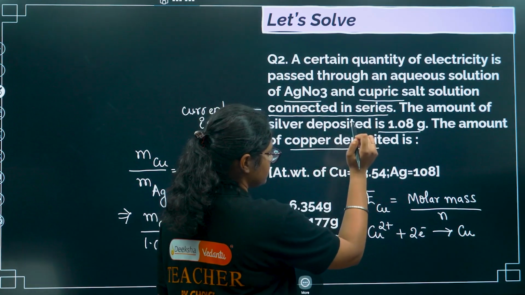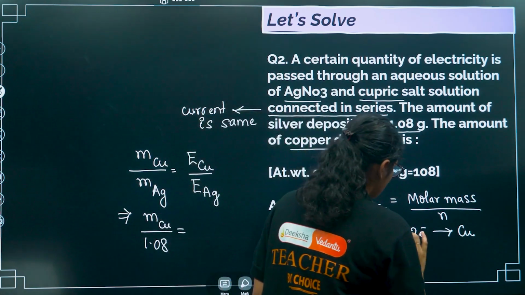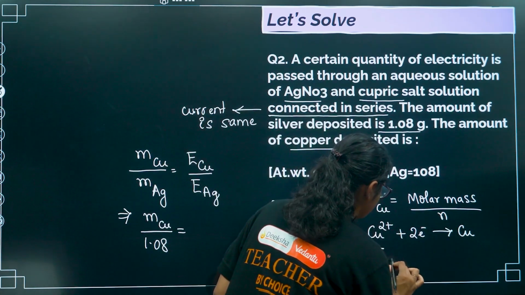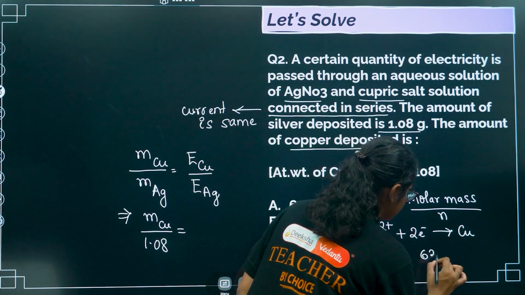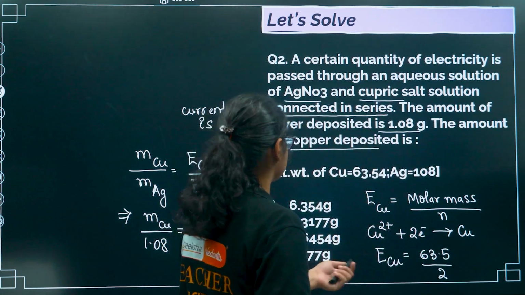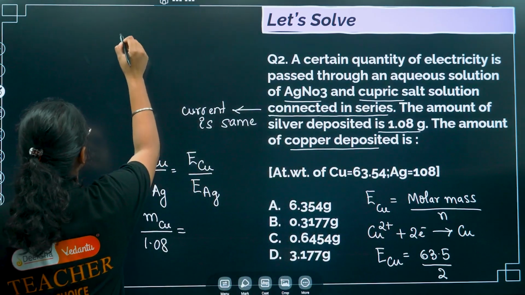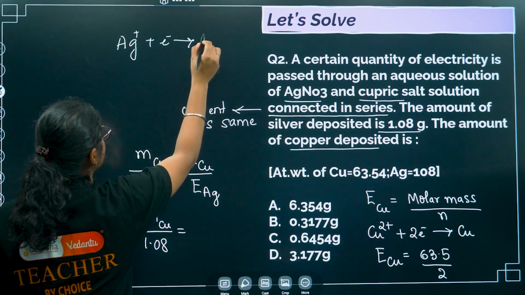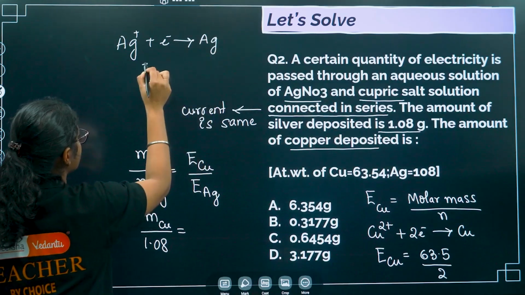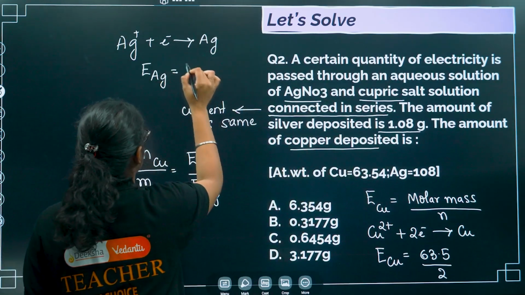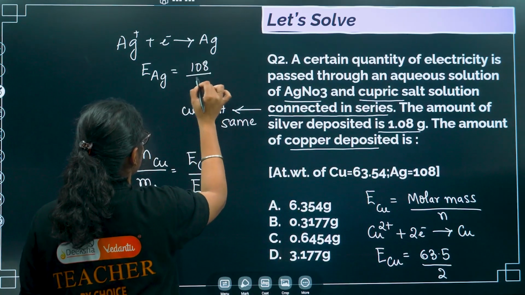Now we have this cupric salt. N factor is 2 here, so the equivalent weight of copper is 63.5 by 2. Now how will silver get deposited? Silver is Ag+ plus 1 electron giving you Ag. So equivalent weight of silver is molar mass by N factor, 108 by 1.